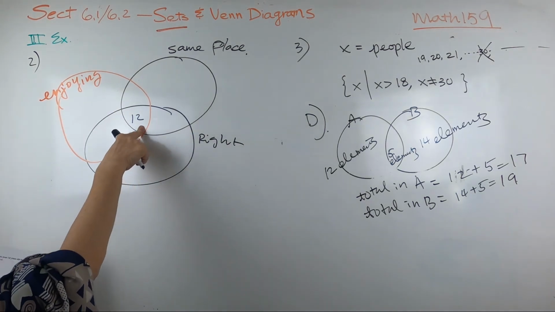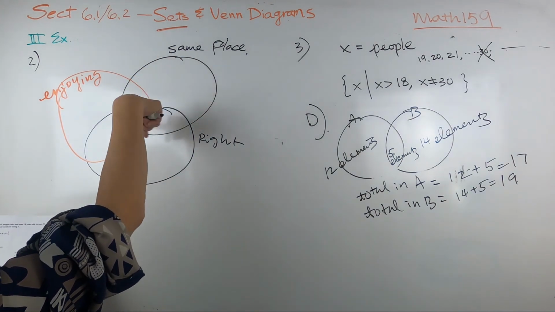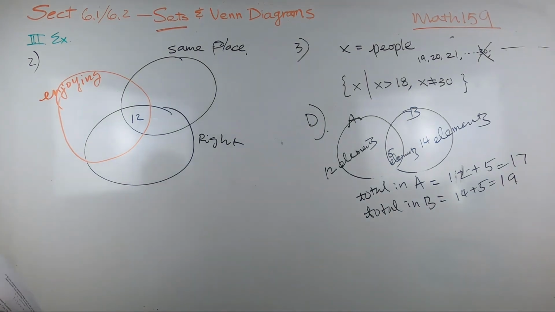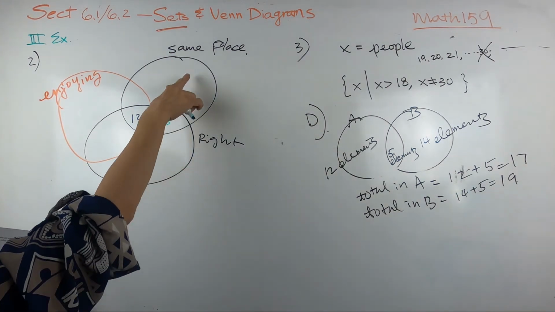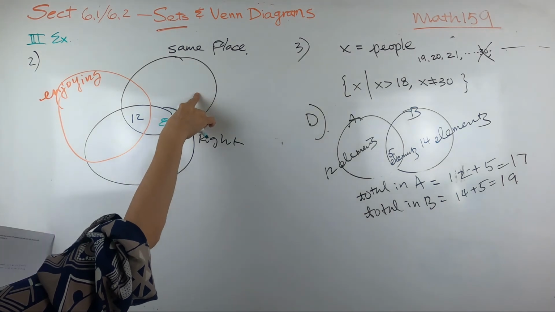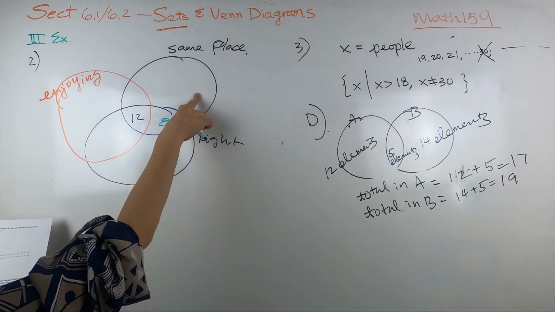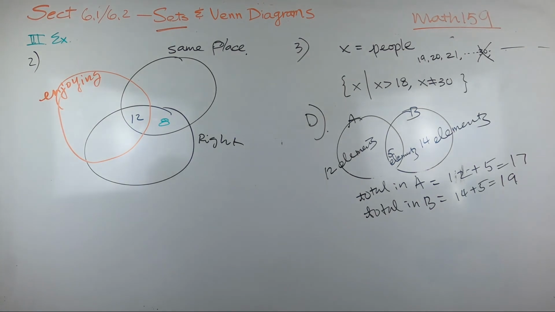Then also 12 persons still at the same place as their first college, and also right-handed. Then here says 8. Means 8 persons are right-handed and still have the same place as their first college class, but they are not enjoying their experience.